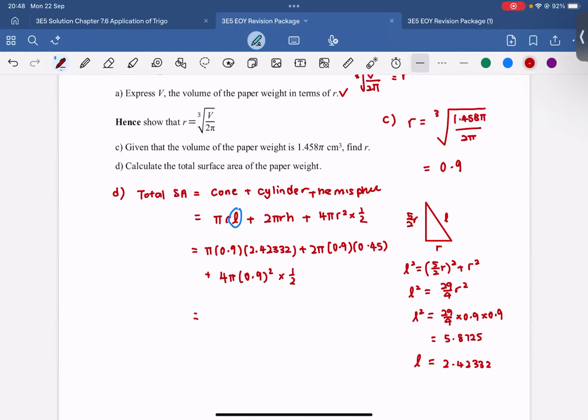Press the answer, and you get 14.4858, approximately 14.5 cm squared.